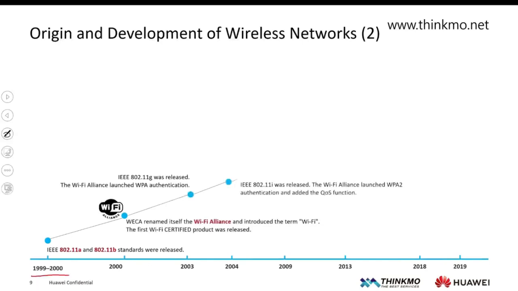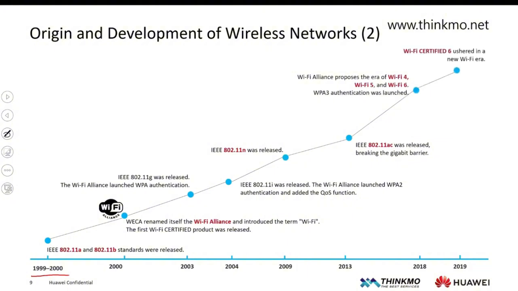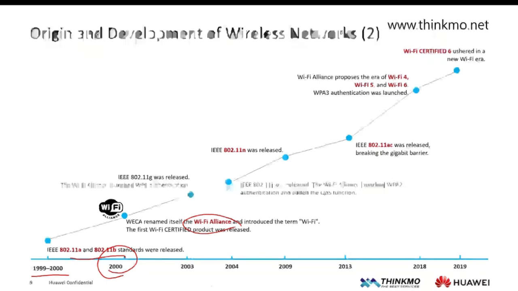Between 1999 and 2000, standards like 802.11a and 802.11b were released and improved our wireless network technology system. By the year 2000, the alliance was officially renamed the Wi-Fi Alliance. This marked the entry of wireless network technology into a new phase.